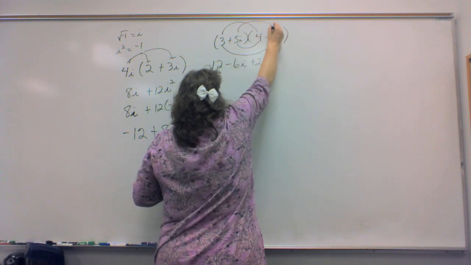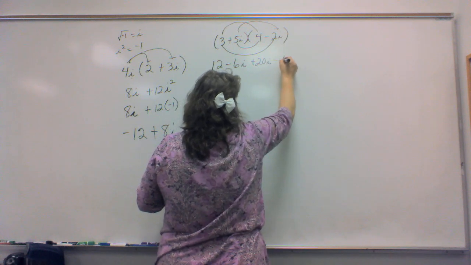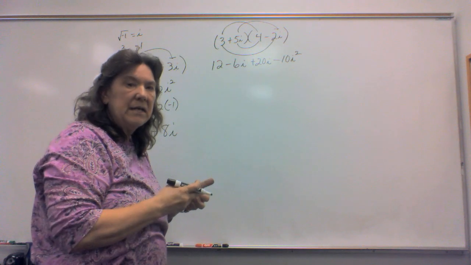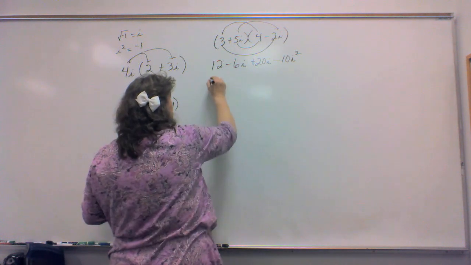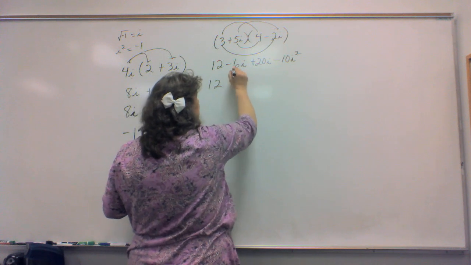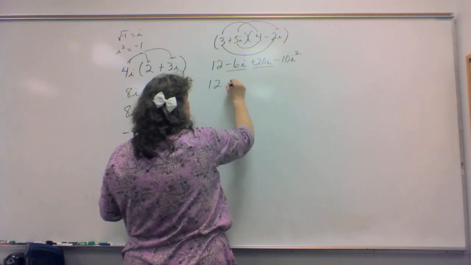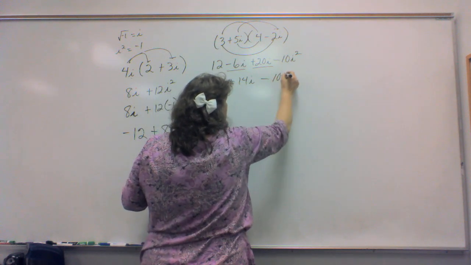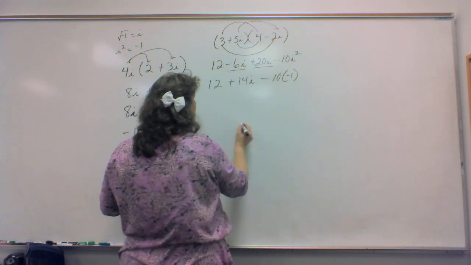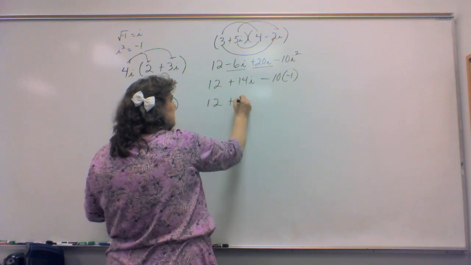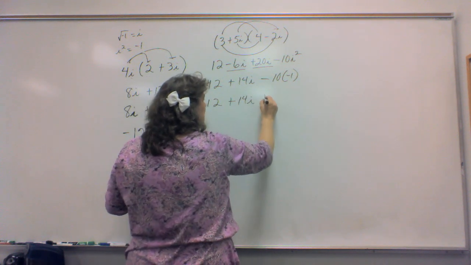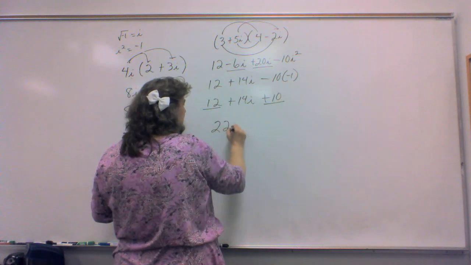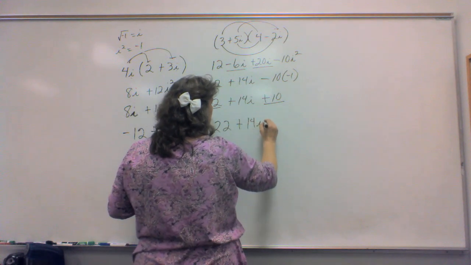And 5i times -2i is minus 10i squared. The numbers multiply, the i's multiply. Now, 12, -6i plus 20i is plus 14i, and minus 10, i squared has to be replaced with that -1, so I have 12 plus 14i plus 10. 12 plus 10 is 22. 22 plus 14i.